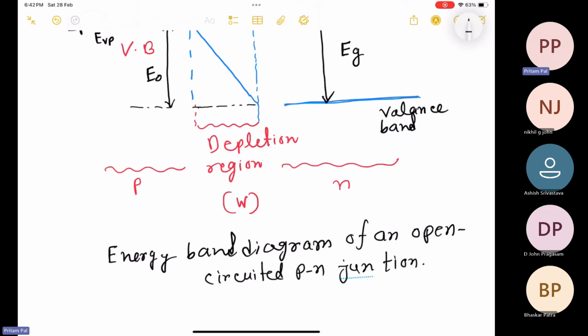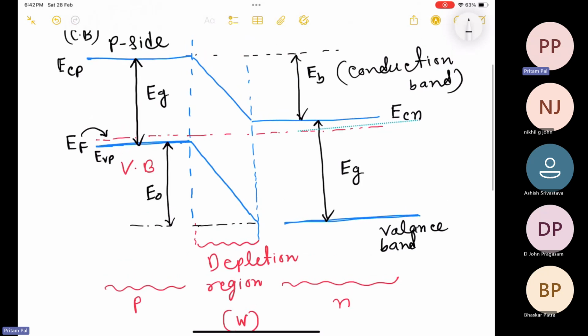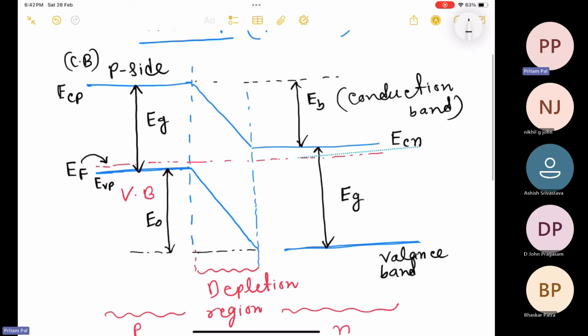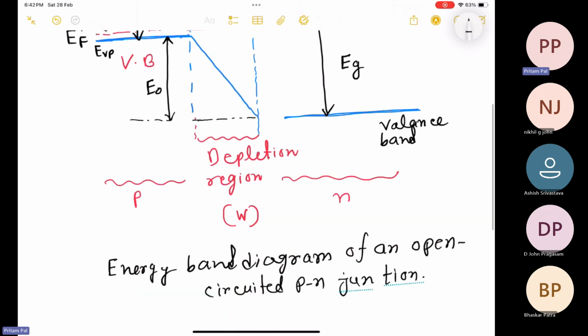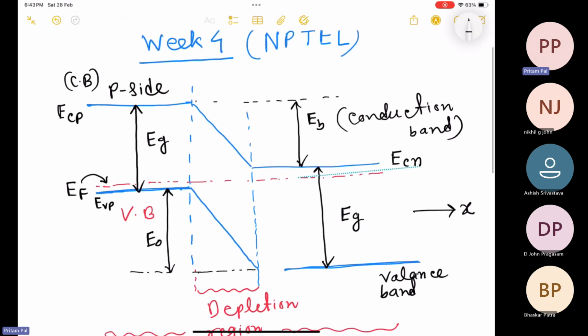This is E naught, EG, and along the X direction is the distance. And this is your junction. Fine.